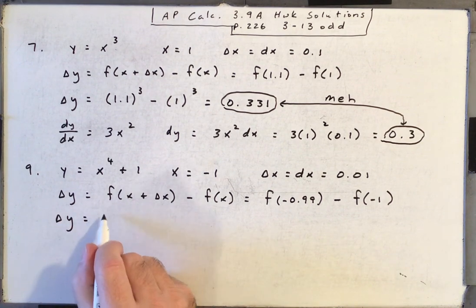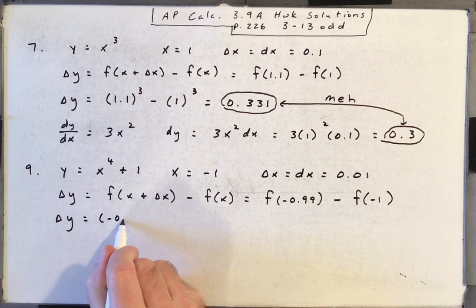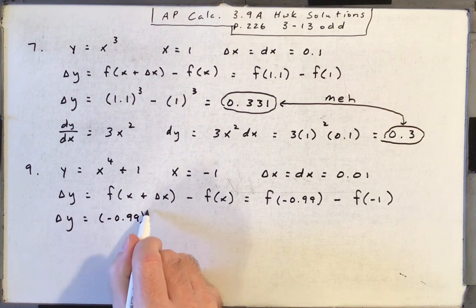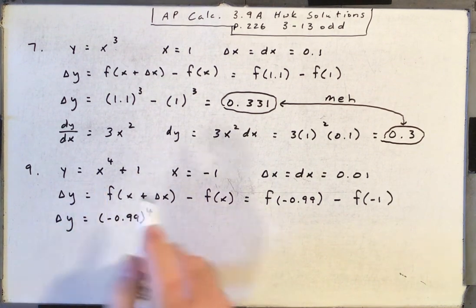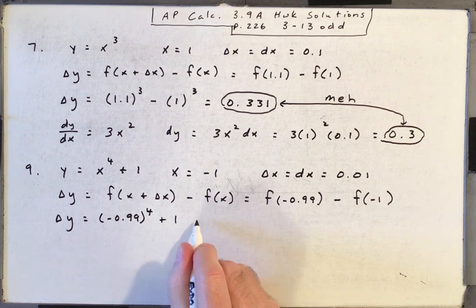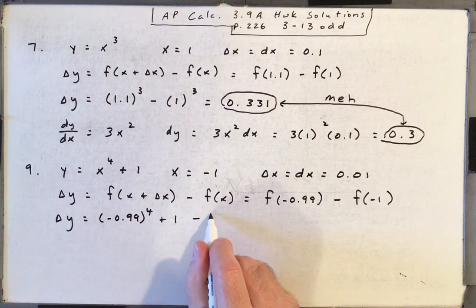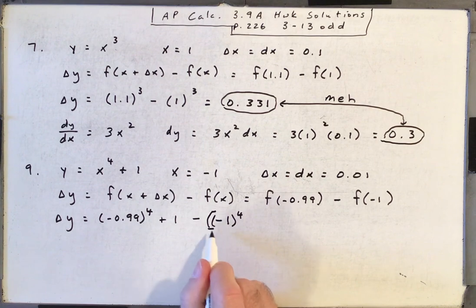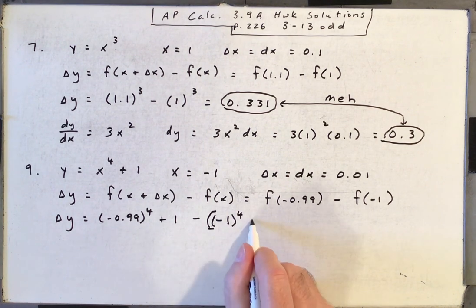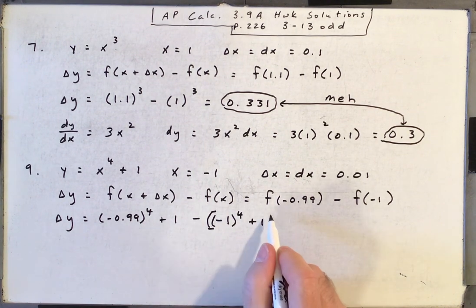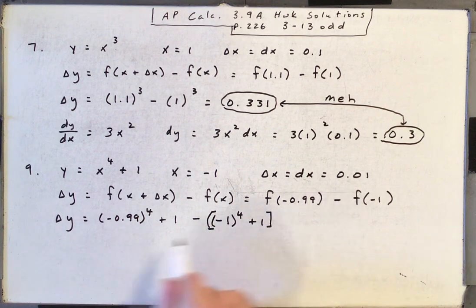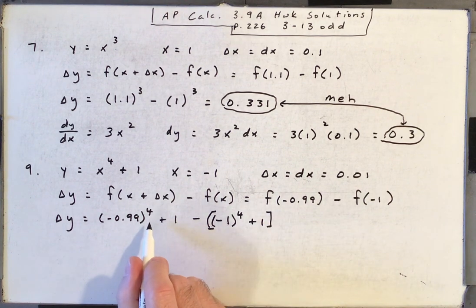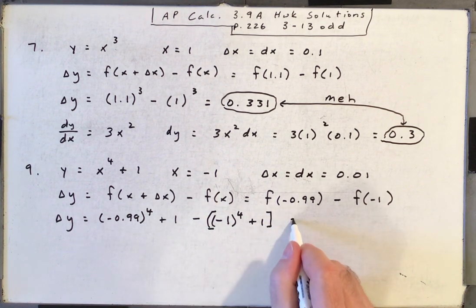So that would be -0.99 to the fourth, plugging it in, plus 1, minus, let me put brackets around that, (-1 to the fourth plus 1).